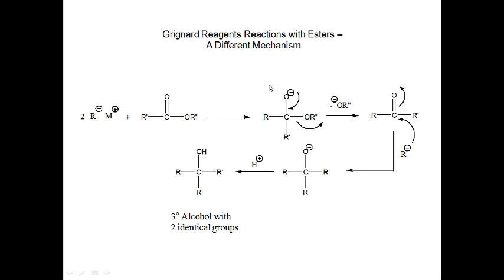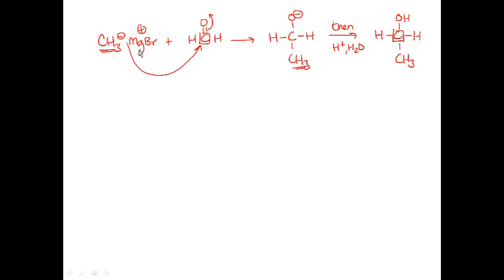If you take and react a Grignard, and I'm going to make this a specific Grignard in this case, CH3 minus MgBr plus, and actually, I'm going to rewrite this whole mechanism on the next slide so it's relatively straightforward. So if we take our Grignard, CH3 minus MgBr plus, and react it with a simple ester, in this case this ester, we get the same first step in the mechanism.